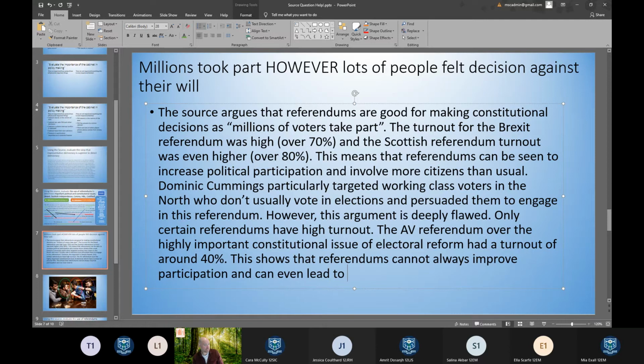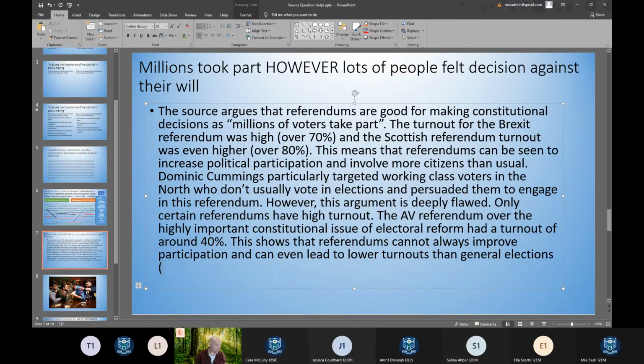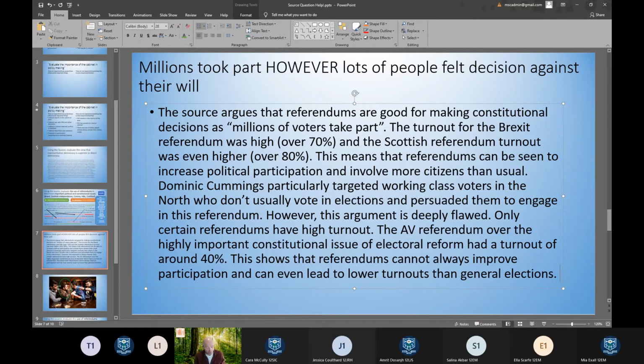Because I know what I want to say in a minute about the millions of people with decisions against their will. But maybe I can say lower turnouts than general elections. There you go. So I'm showing a bit more knowledge. I can maybe put around 60% there.